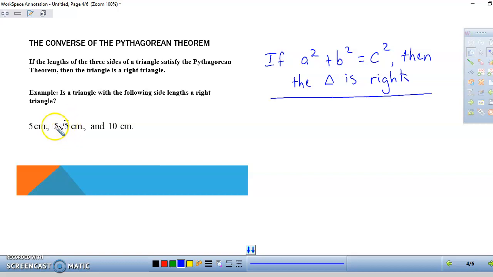Now you can sort of reason through it, because 5 root 5 is going to be 2 point something. So that is obviously 5 times 2 point something going to be bigger than 10. So we do know that this is the longest. But what I would suggest you do is square all the numbers first.